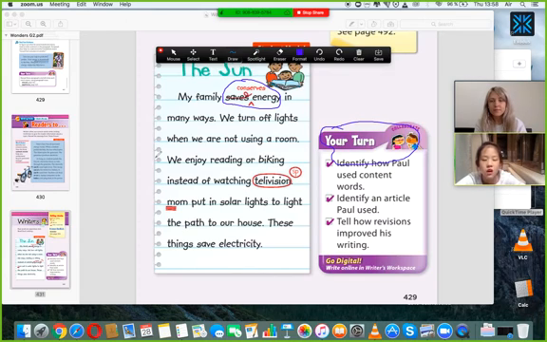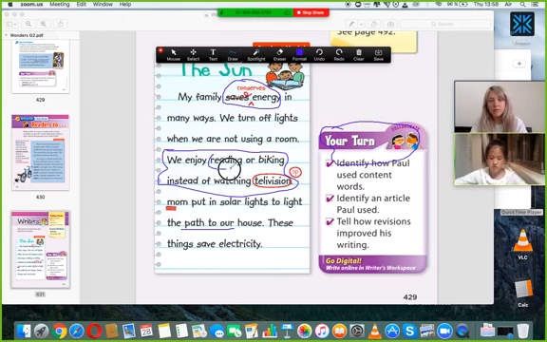To the path to our house. Yeah, this one, that we enjoy reading or biking instead of watching television. So content words are reading, biking.